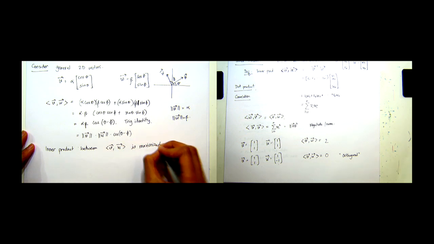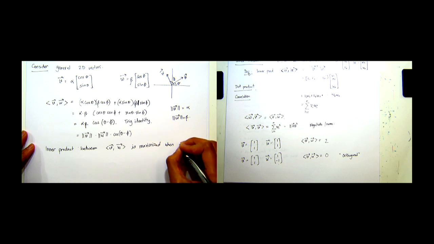So when theta minus phi is 0, that's when this inner product is maximized, right? So inner product between V and W is maximized when theta is equal to phi.